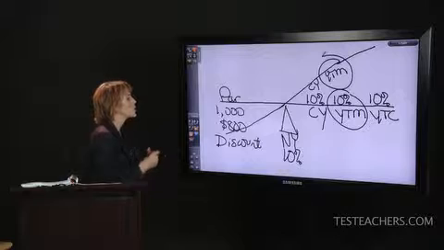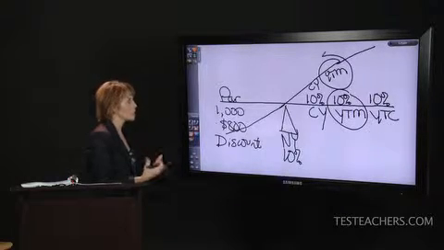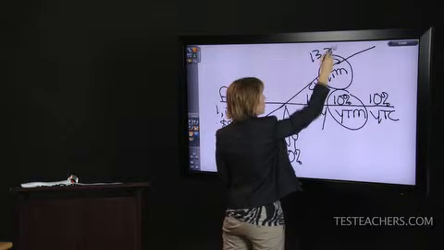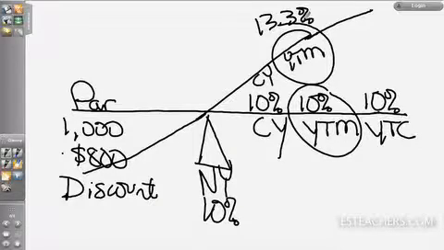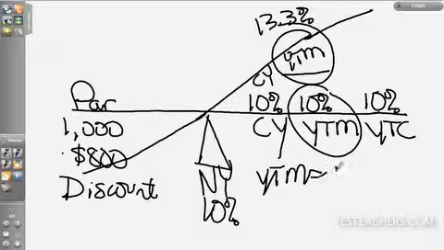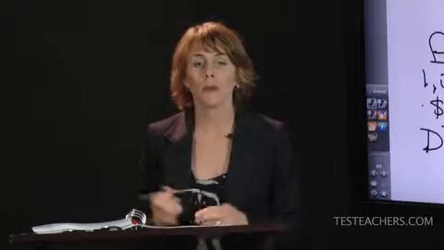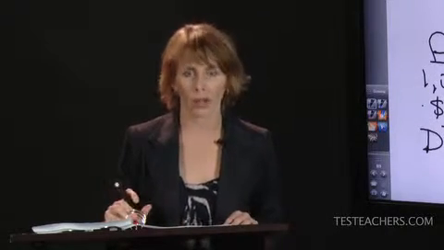They're going to have a yield to maturity, let's say it's 13.3%. The bond's yield to maturity is the bond's internal rate of return.